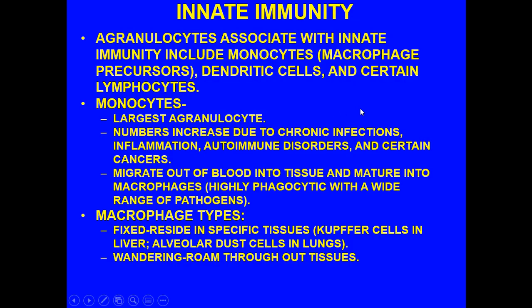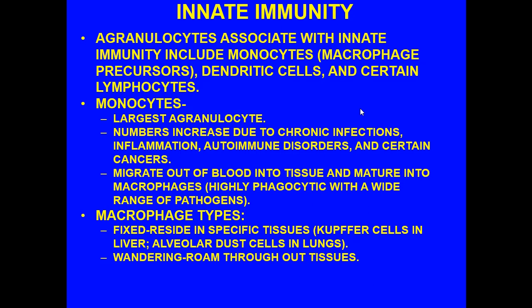Now, when you have agranulocytes associated with innate immunity, remember that some of these will also play a role later on in adaptive immunity. What we're talking about here are monocytes, which happen to be the macrophage precursors, dendritic cells, and certain lymphocytes. Monocytes are the largest agranulocyte. The numbers increase due to chronic infections, inflammation, autoimmune disorders, and certain cancers.